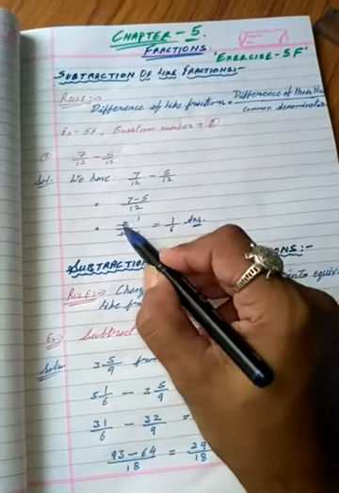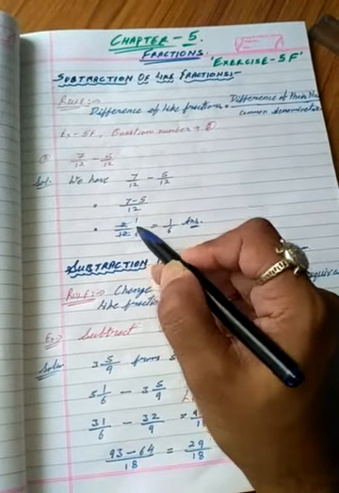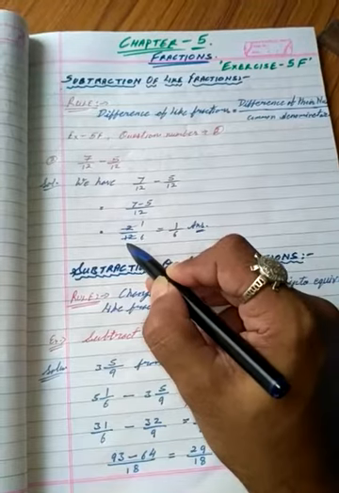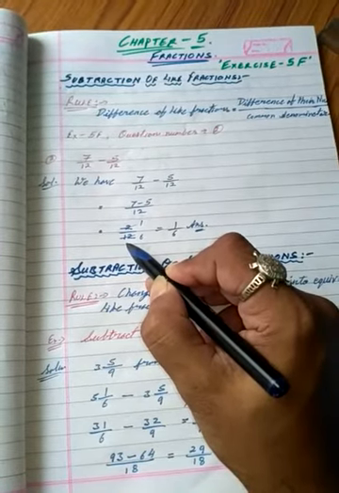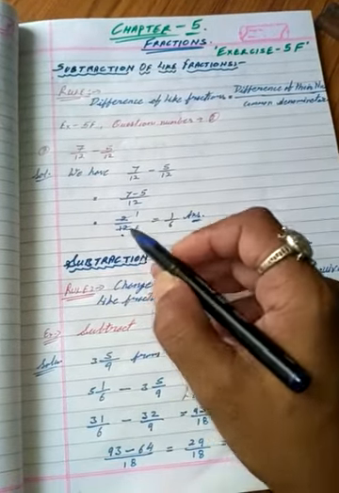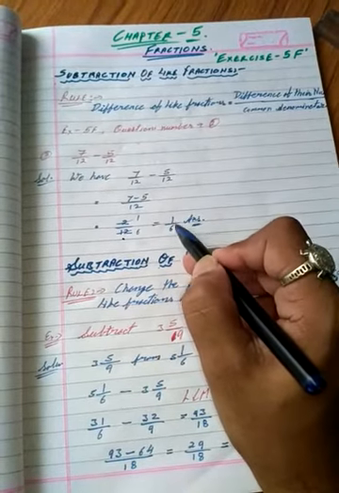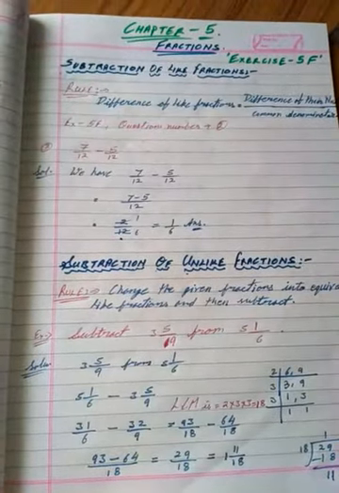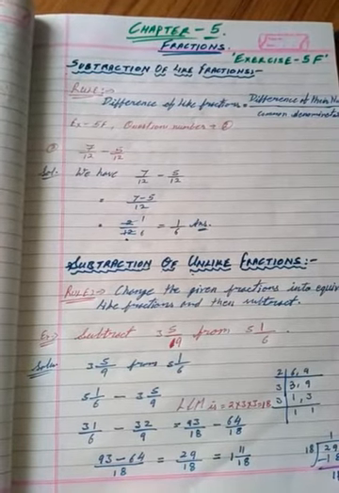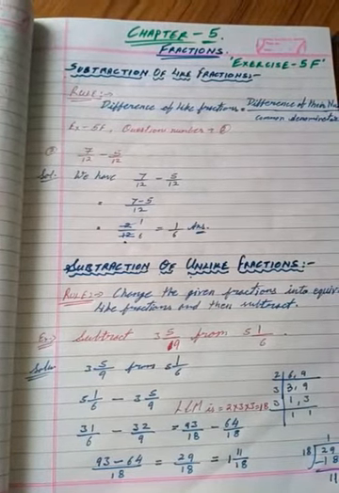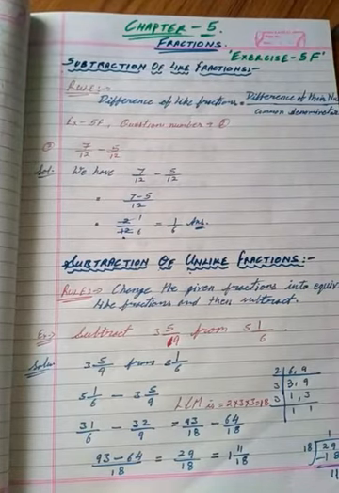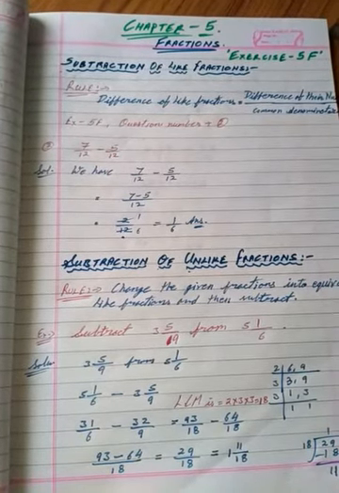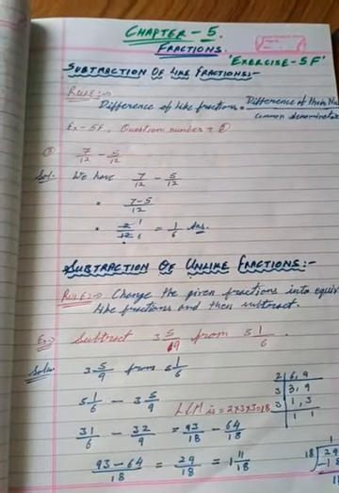So 2 ones are 2 and 2 sixes are 12. So we get the answer 1 upon 6. Now we see this is already in the simplest form. We need not solve it further.